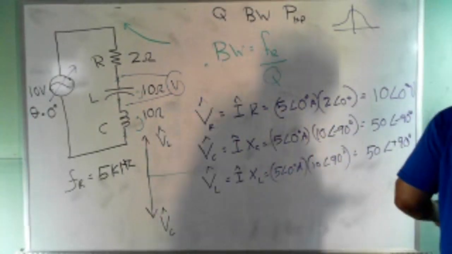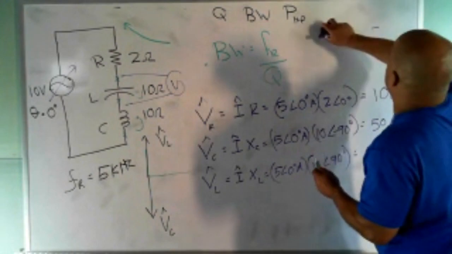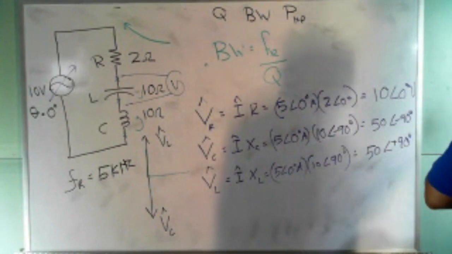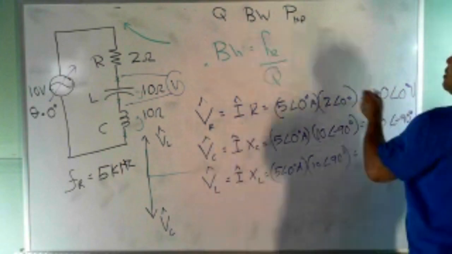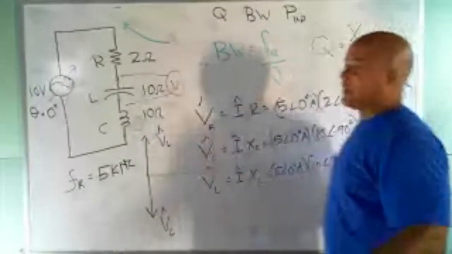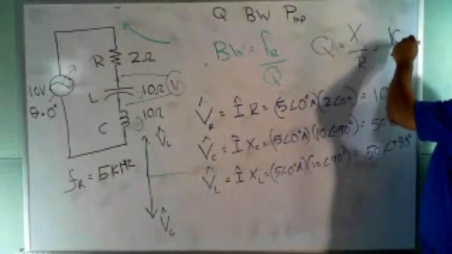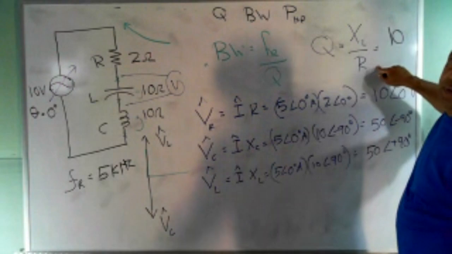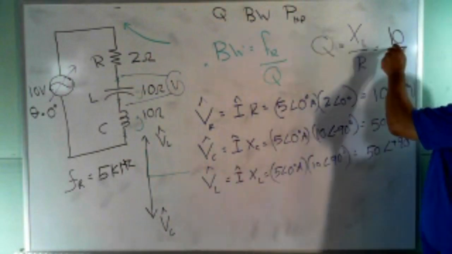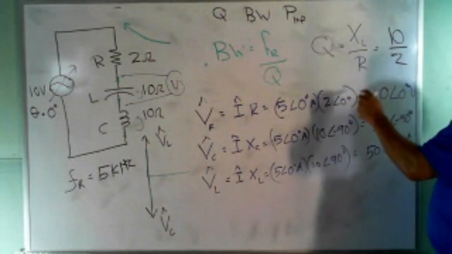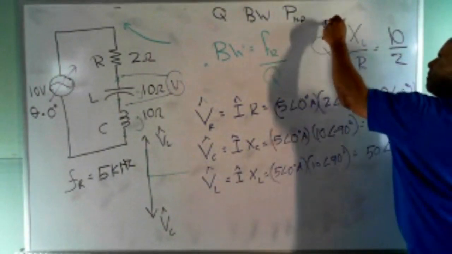And we'll need the fact that Q is XL over R. So let's use this. We know XL is 10 ohms. They gave it to us. So we got 10 ohms. I'm going to write it as 10 because this is in ohms. That's in ohms. They're going to cancel. So we got 10 divided by 2. So my Q is 5.